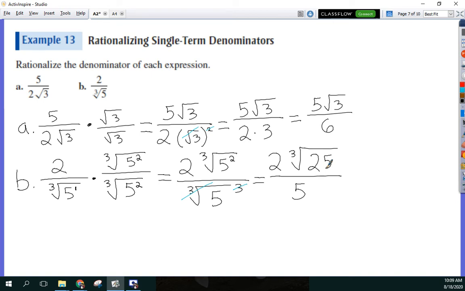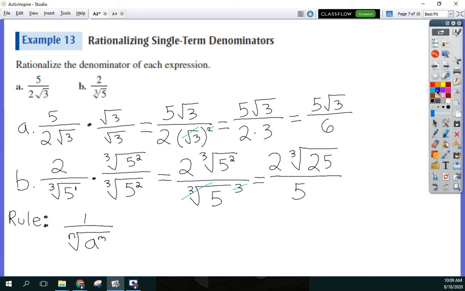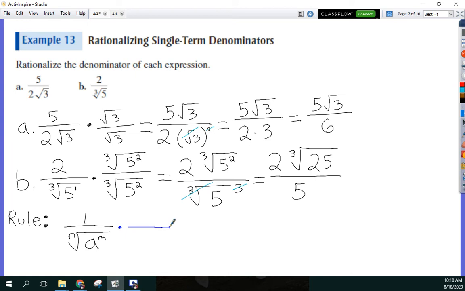So kind of a general way that we can write this is if we're looking at a denominator of the nth root of a to the m power, we need to multiply not just by the same thing. We're going to multiply the top and the bottom by the nth root, so that's going to stay the same.